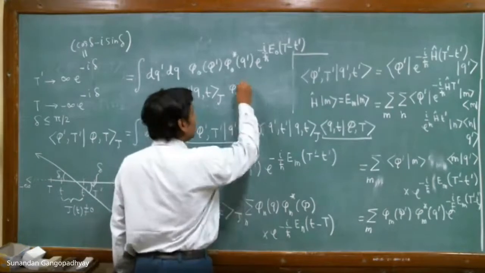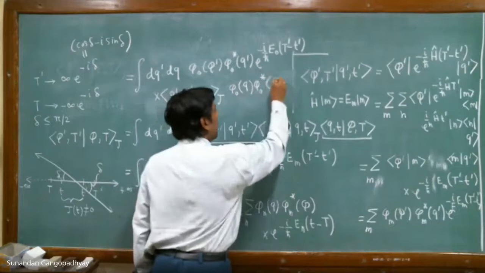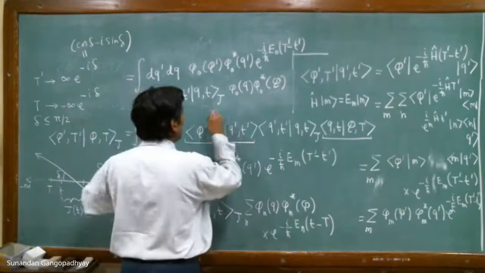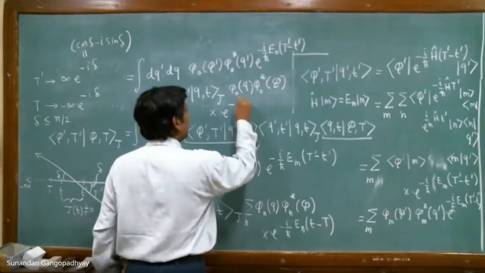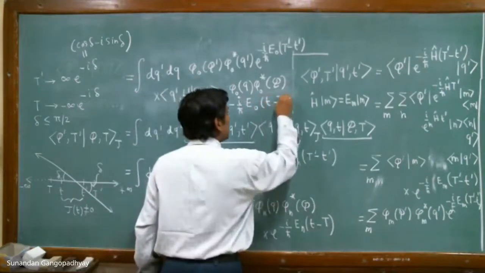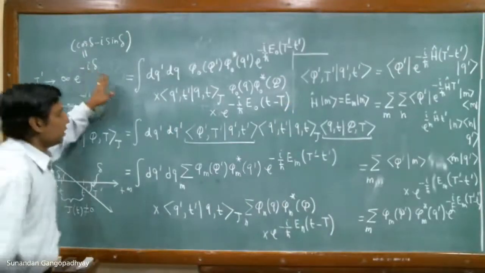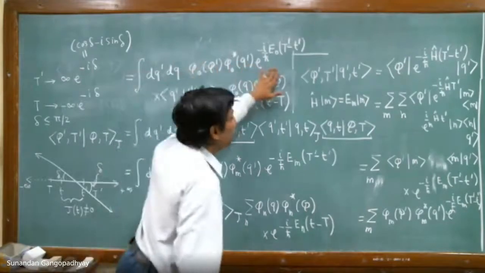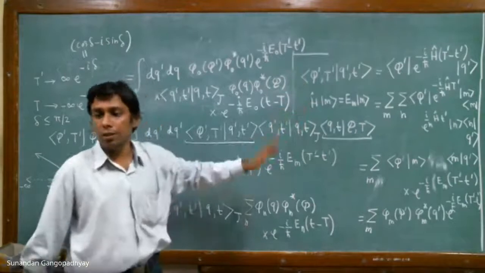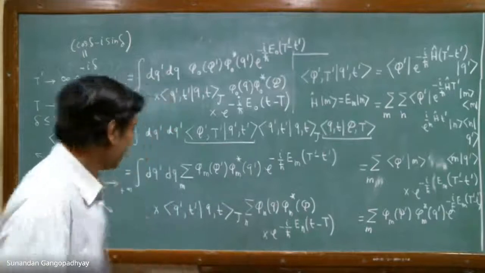This becomes phi naught q, phi naught star q, and then we have e to the power of minus i by h bar E naught times capital T prime minus capital T. So by imposing this limit, this expression boils down to the following expression, where you see that the excited energy states E1, E2, those terms are no longer there. You only have the ground state energy in this limit.